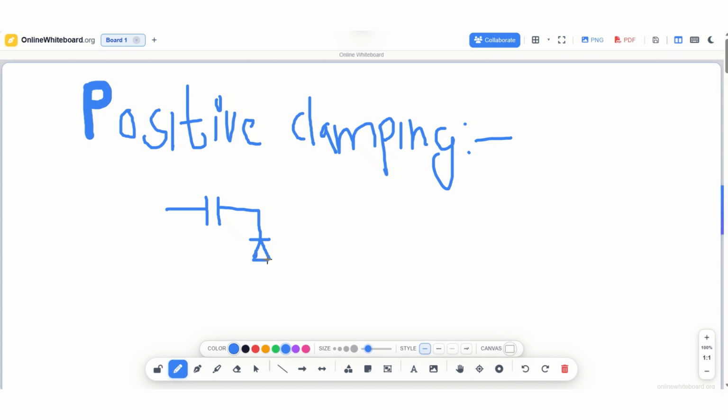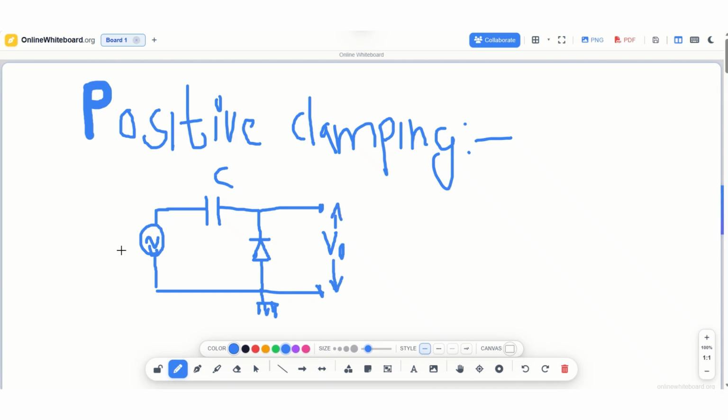So the negative part is connected to the capacitor and the positive part is grounded. This is the circuit diagram of the positive clamp. Output is taken across the diode.